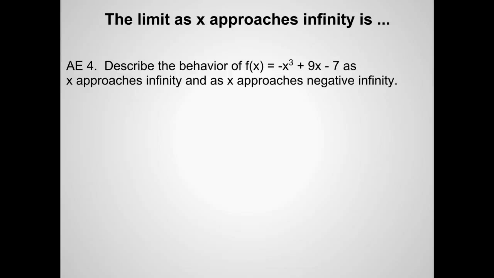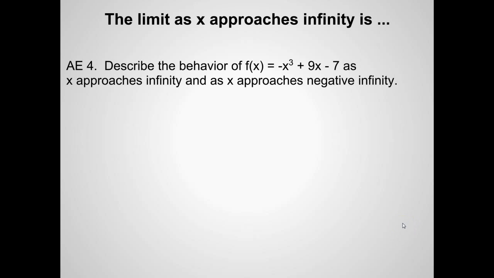Now with polynomial functions, here we have an odd polynomial function with a negative leading coefficient. Think back on our study of the behavior of polynomial functions. You might remember that odd functions start low and end high, but when the leading coefficient is negative, they start high and end low.